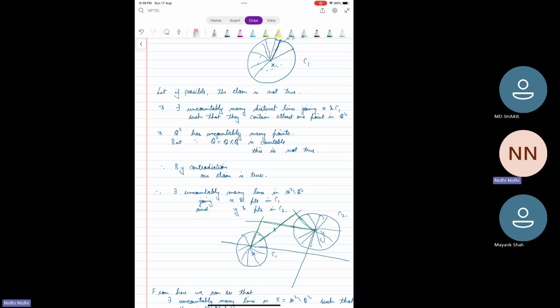Mayank, can you please explain what you're trying to say? Ma'am, in this case, we are seeing R2 minus Q2 as a subspace of R2, right?